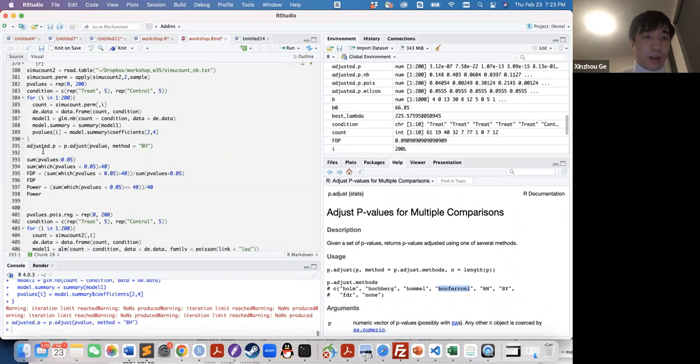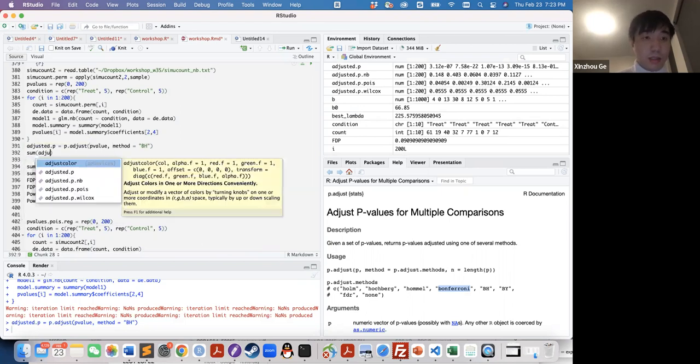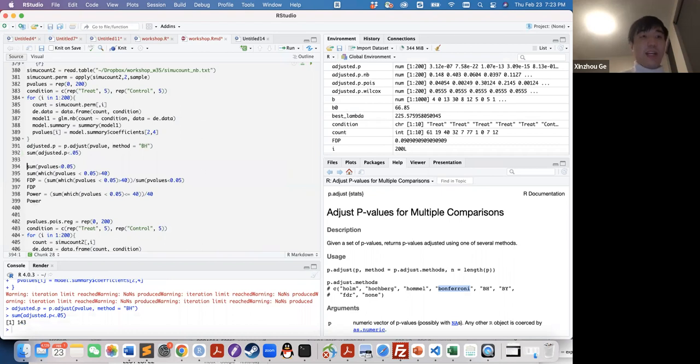And we calculate the sum, the number of discoveries. So we can see that on this permuted dataset, we identify a large number of discoveries, and this may indicate that we are not having good results.